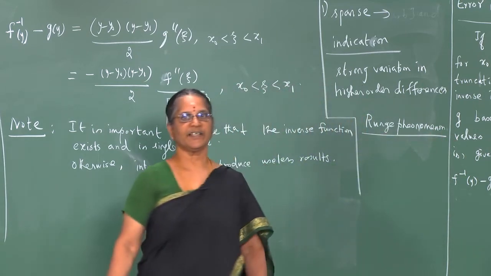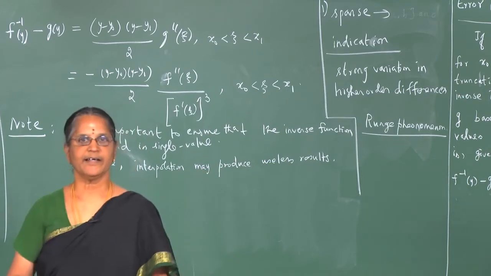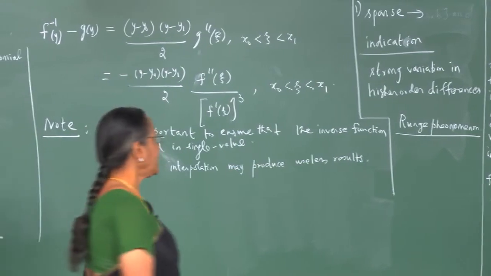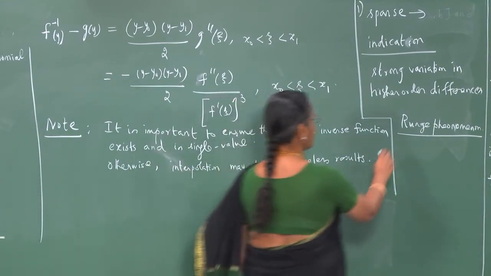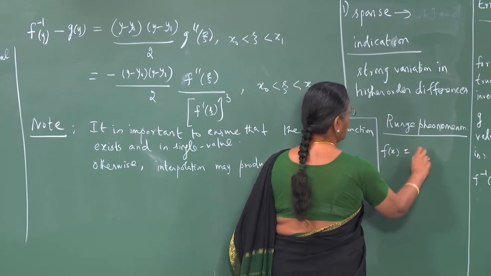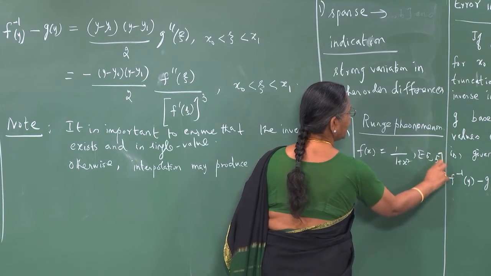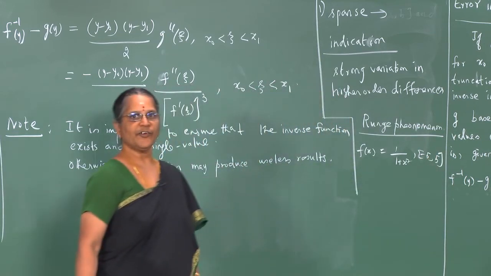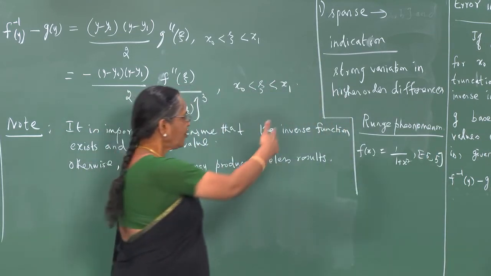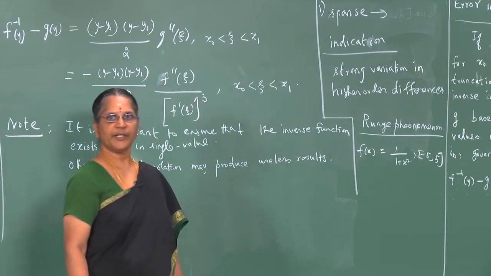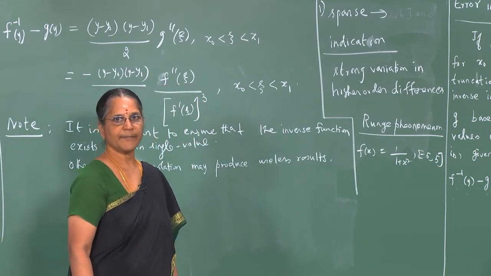Runge observed this behavior when he tried to interpolate the function f of x is equal to 1 by 1 plus x square in the interval minus 5 to 5. So, let us see what Runge observed when he tried to interpolate this function in this interval.